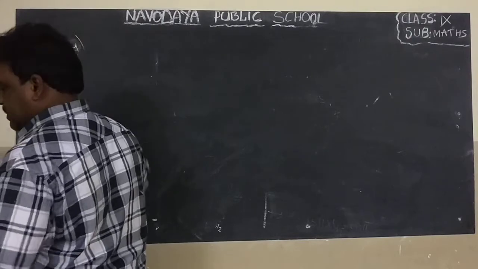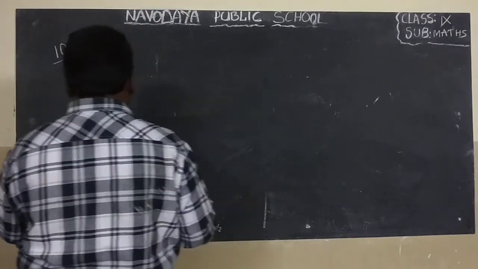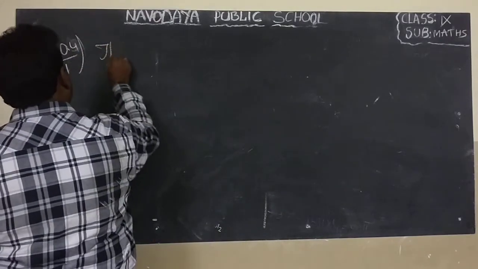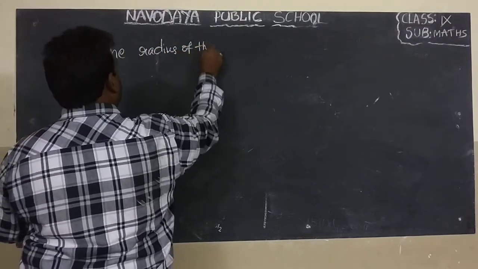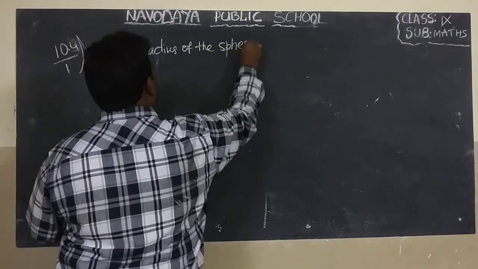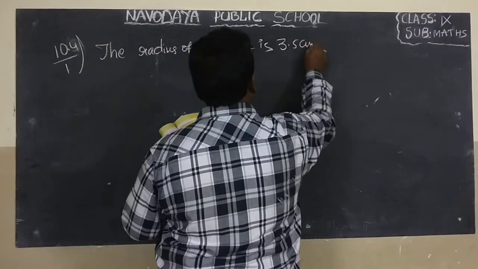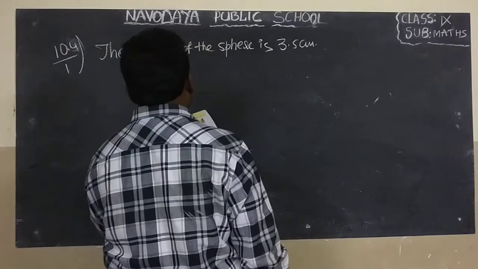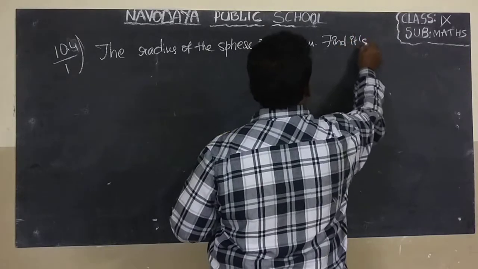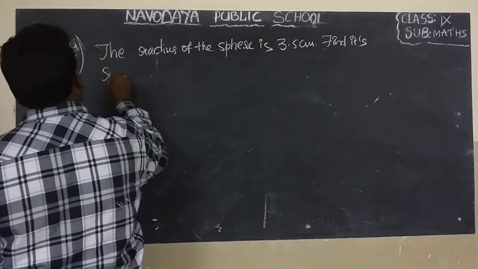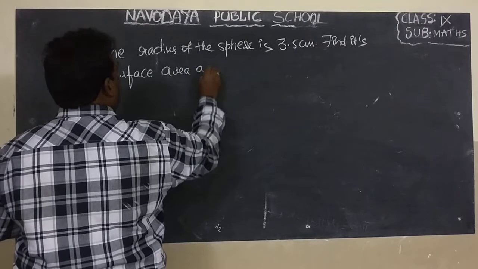The radius of the sphere is 3.5 centimeters. Find its surface area and volume.